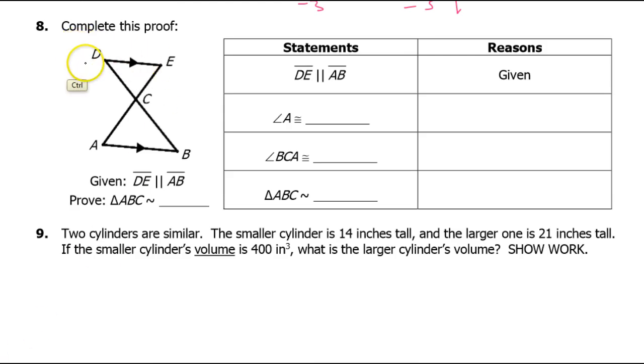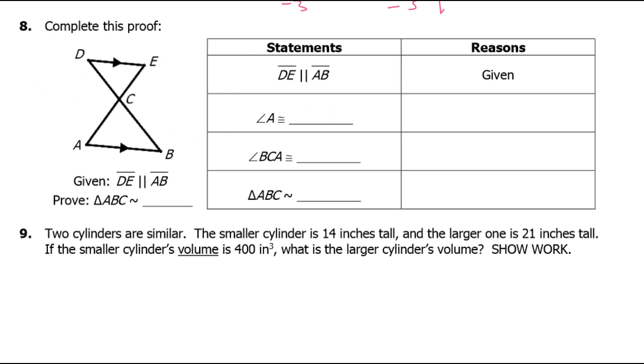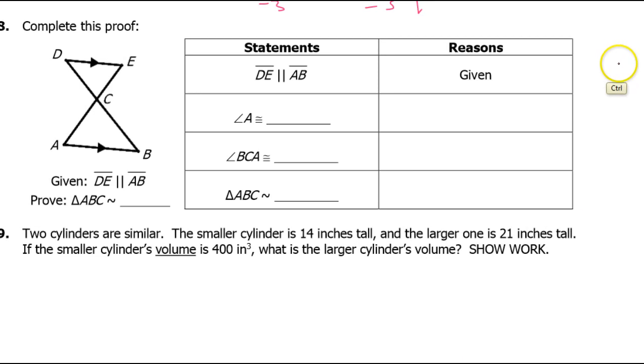Alright, now for number 8, let's complete a similarity proof. Okay, now there are 3 ways to prove that two triangles are similar. Did I say 3? Maybe there are only 2.